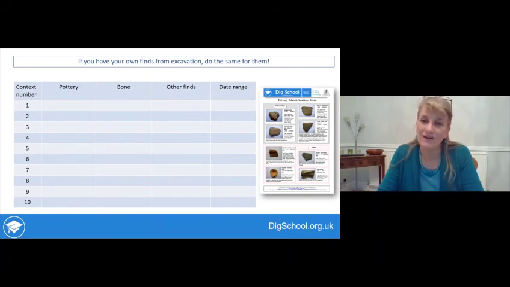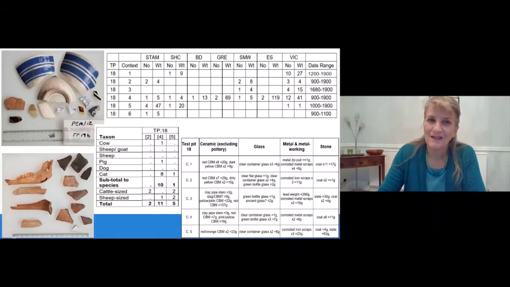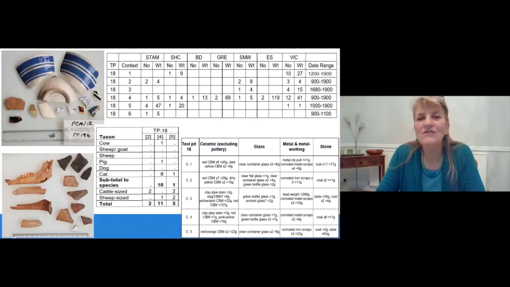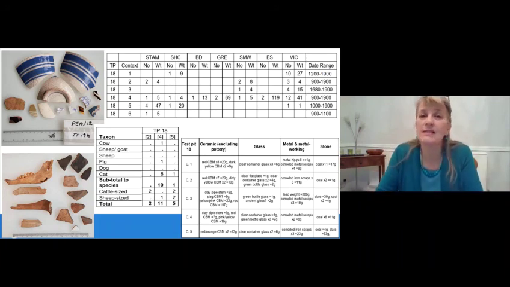If you have your own finds from the excavation, do the same for them. Once you've done that and filled in all the finds on your context record sheet, layer by layer, what you'll have done is exactly the same process that archaeologists will do.